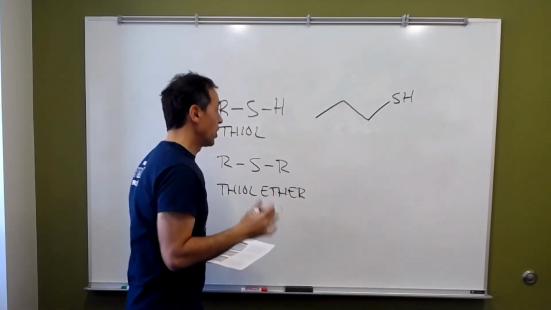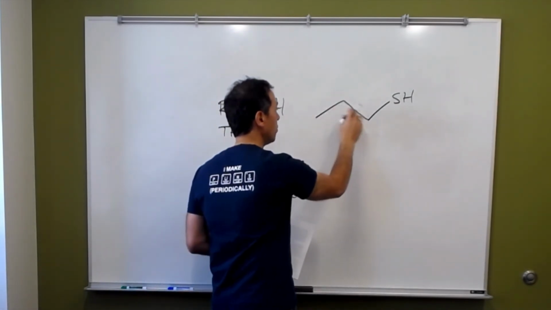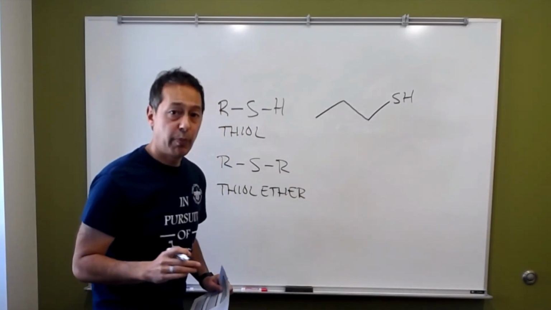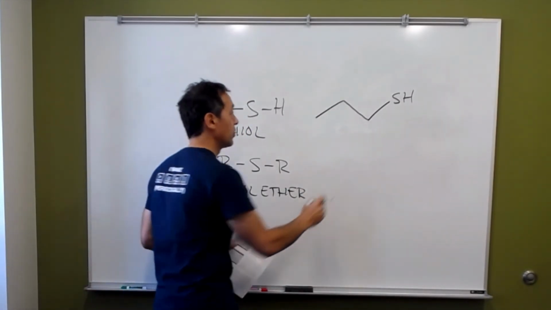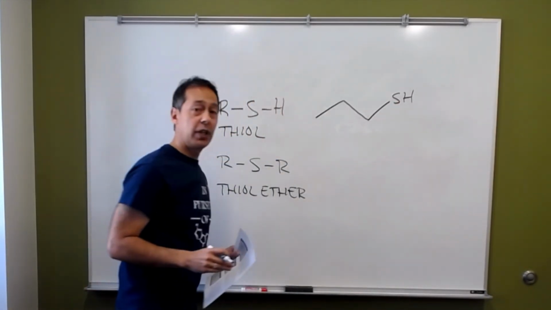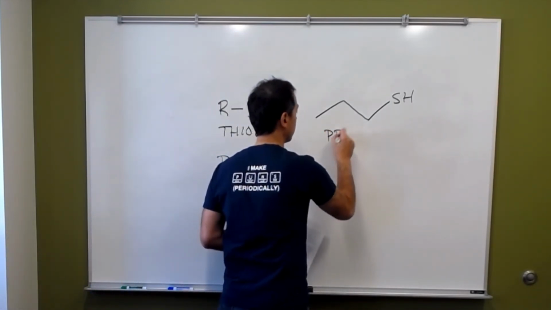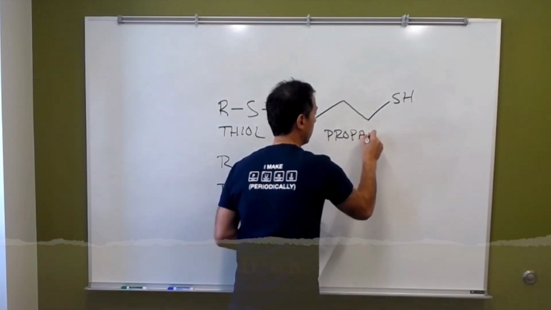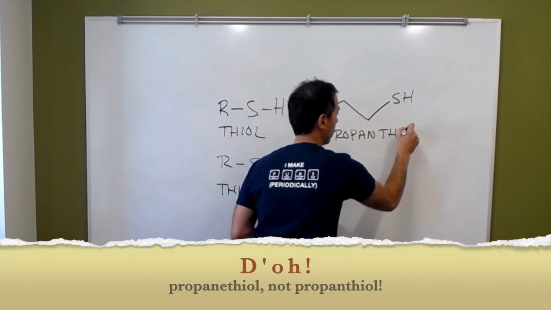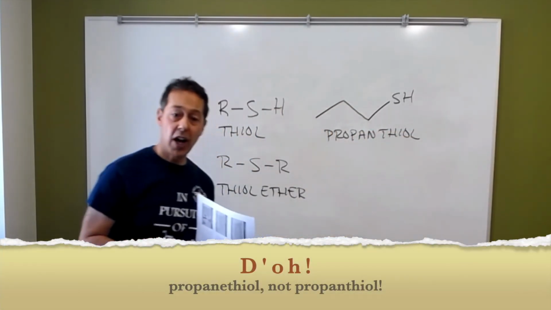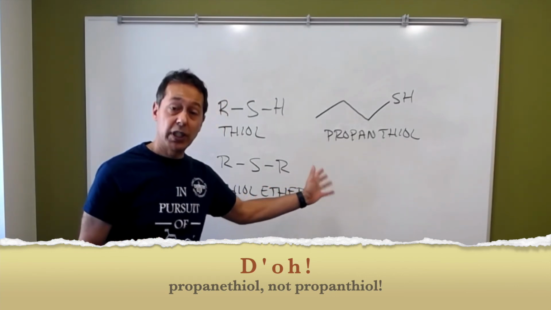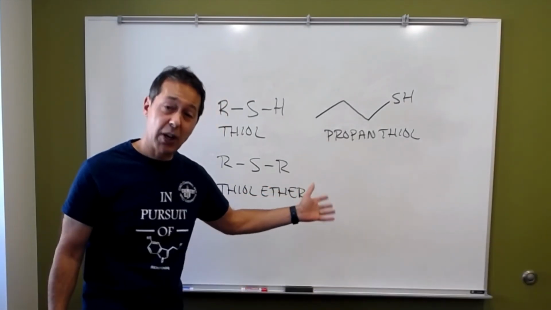And if this was an alcohol, this would be 1, 2, 3. That would be propanol. But because it has the thiol group on there, it becomes propanethiol.